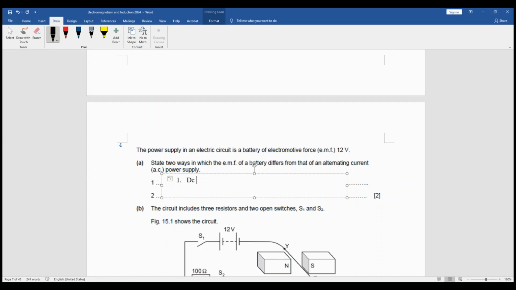No, DC has fixed polarity, direct current has fixed polarity, while AC has changing polarity.